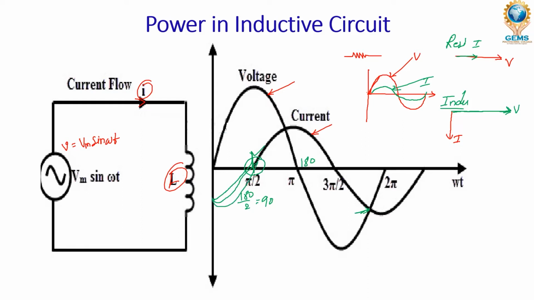Now we'll see what is the power formula and different equations we'll get here. We have one formula, small v equals Vm sin omega t, and energy stored in an inductor, how much energy is going to store in inductor when we give some supply.